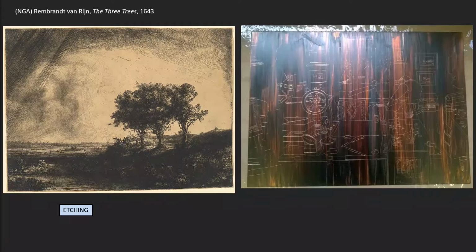You can then draw with a needle through the wax, like a knife through butter. It's sketchy. You bare the plate through that wax, and then you immerse it in acid. The acid will eat the plate wherever you have drawn, but the wax will resist it, keeping it from touching the plate.